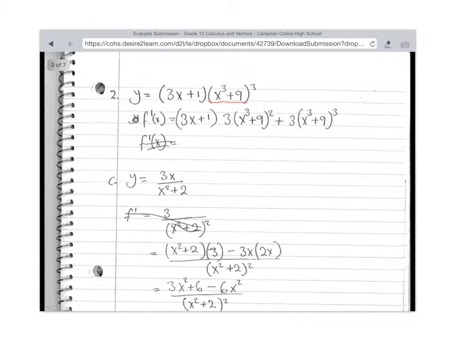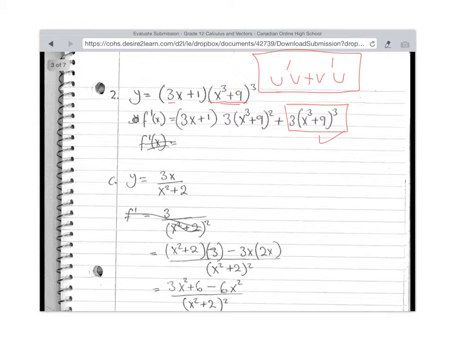So when you're taking your derivative, you're going to do u prime v plus v prime u. You've done this in the opposite order, and that's a bad habit to get into, especially when it comes to quotient rule. So follow this order, and you should have 3 times this bracket, which you've got over here, and that's correct.